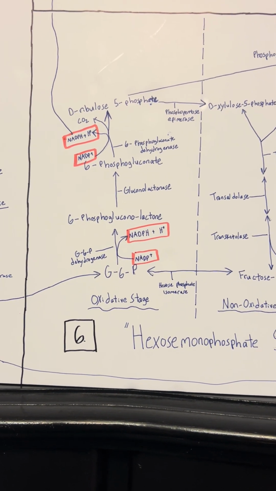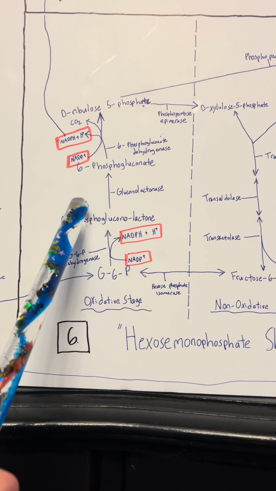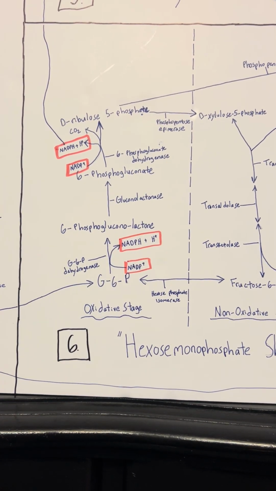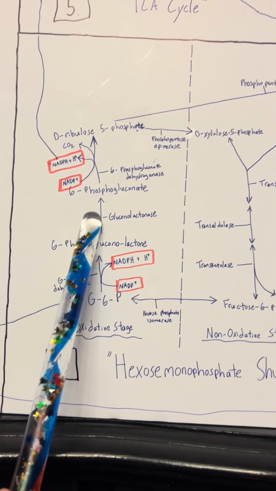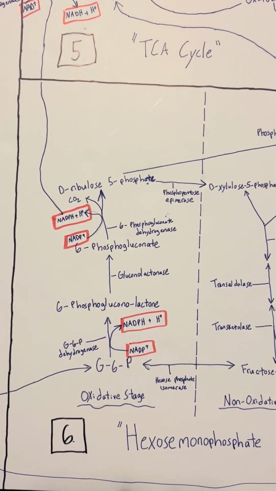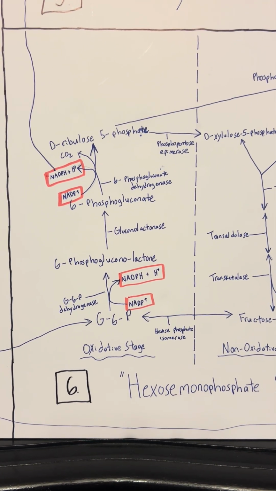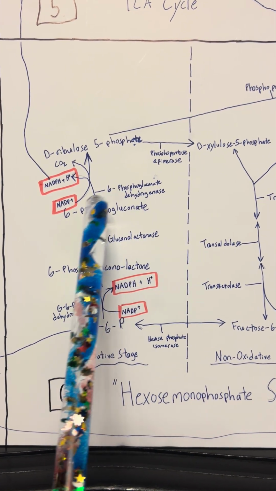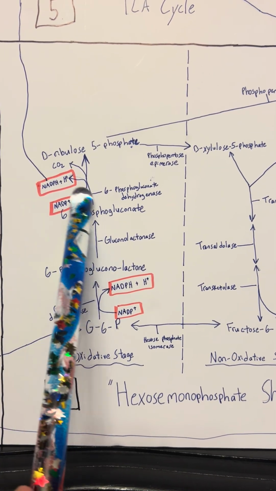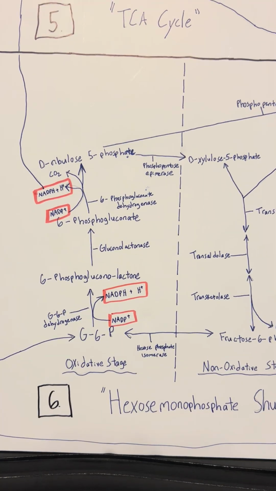Gluconolactonase converts 6-phosphogluconolactone into 6-phosphogluconate. 6-phosphogluconate is oxidized and decarboxylated by 6-phosphogluconate dehydrogenase to form D-ribulose 5-phosphate, another NADPH plus H plus coenzyme, and a carbon dioxide molecule.